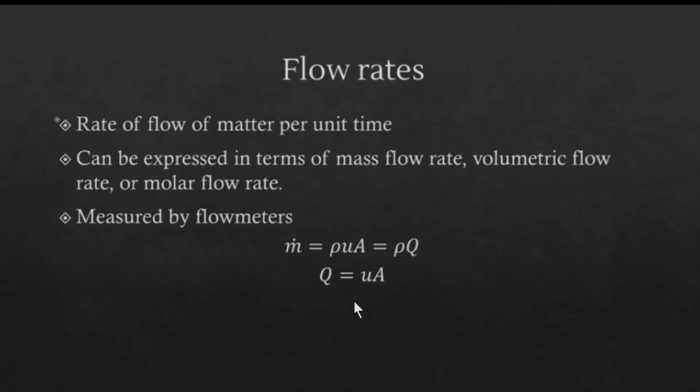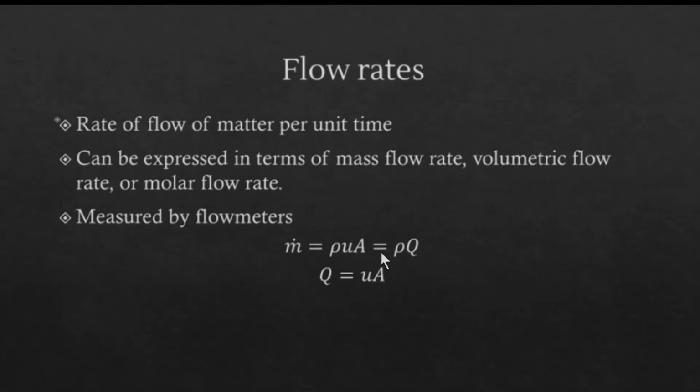And here we have our general formula for the computation of flow rates. For the mass flow rate, with the symbol small m with a dot at the top, we can solve that as density multiplied by average velocity multiplied by the cross-sectional area of the conduit. This is often the cross-sectional area of a pipe if the fluid is flowing inside a pipe.